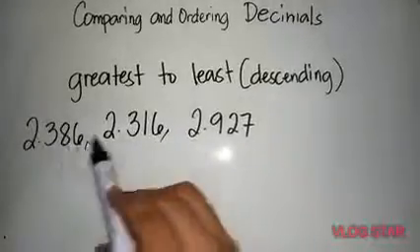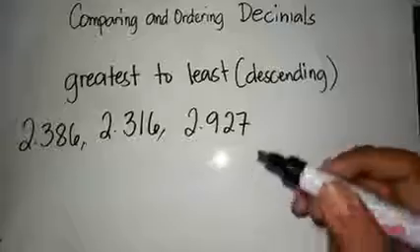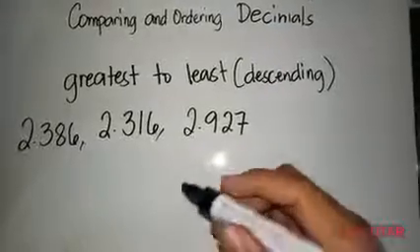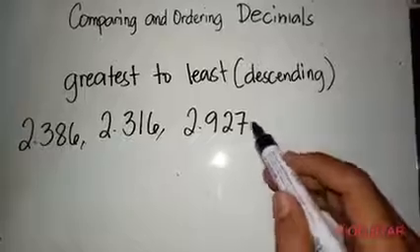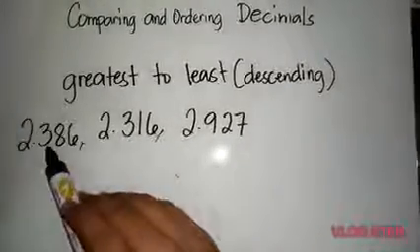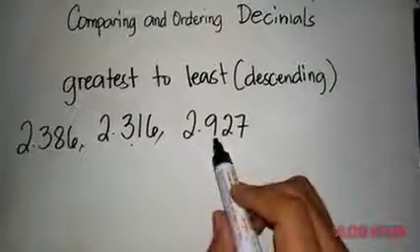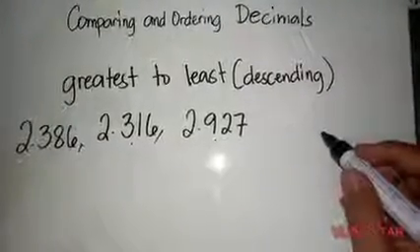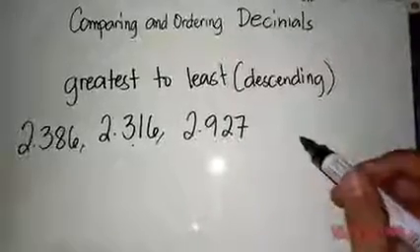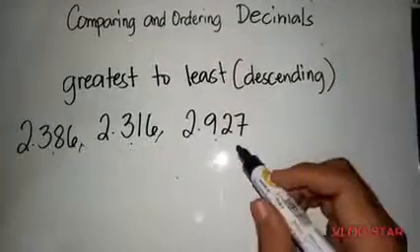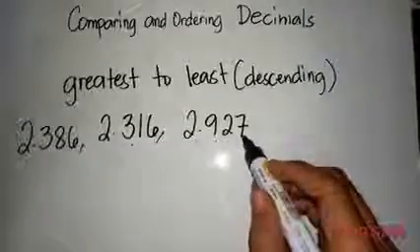So 2, 2, 2. Since they have the same ones digit, let's proceed to the decimal part, starting with the tenths digit. So 3, 3, 9. It means that the greatest among the three numbers is 2.927.